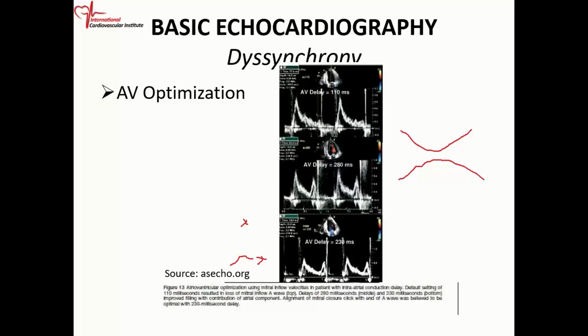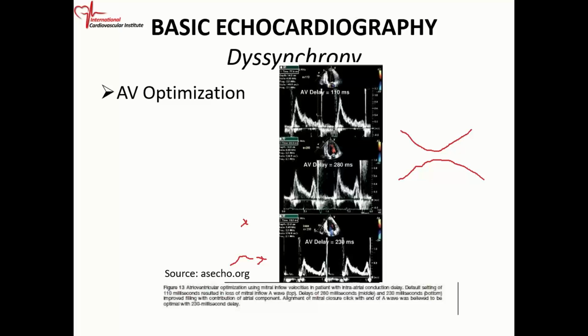And the FDA, I think it's a class 1 indication. Patients with ejection fraction of less than 30% should have a biventricular pacemaker. Remember what we said before, once the ejection fraction is pretty low, you're going to have some amount of dyssynchrony, and the efficiency of the heart as a pump is going to be reduced.